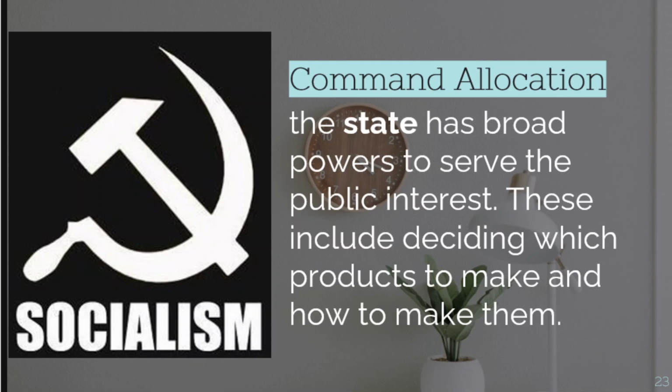These include deciding which products to make and how to make them. So in command allocation, consumers are free to spend their money on what is available. So kung ano lang yung available, yun yung bibili nila. But state planners make decisions about what is produced. So si government, siya yung magdidikta kung ano yung dapat na ibenta and therefore what is available. So yun, kung ano yung dapat ibenta at yung mga dapat lang na maging available sa bansa nila.